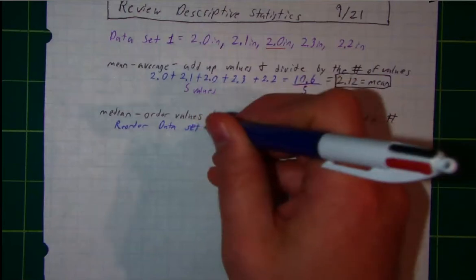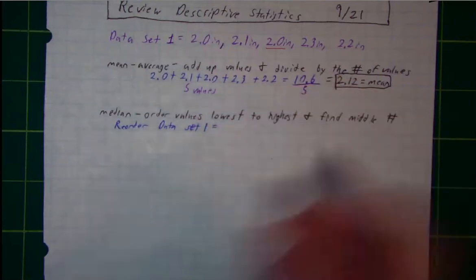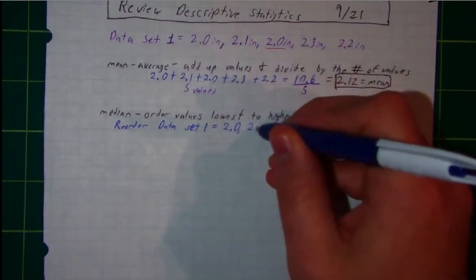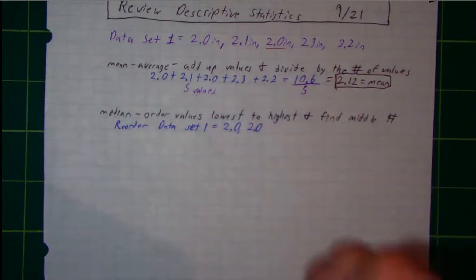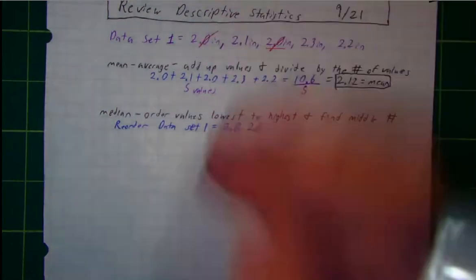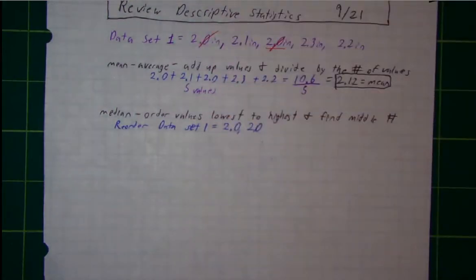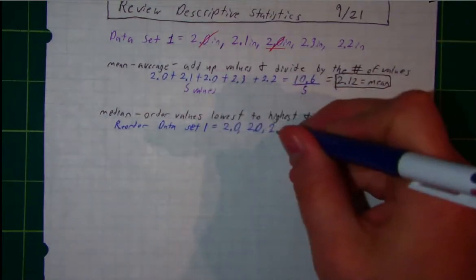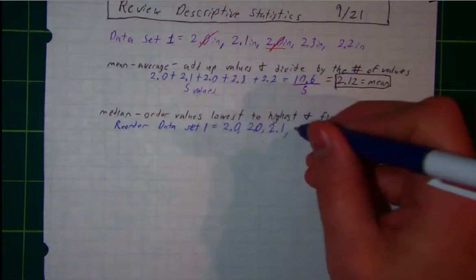And if we take the time to reorder data set 1, what do we get? Well, we got 2.0. We have a second 2.0. And so I'm going to go ahead and cross these off as I write them so I don't accidentally write them a second time. And what else do we got? Well, we got 2.1. Then we've got 2.2.